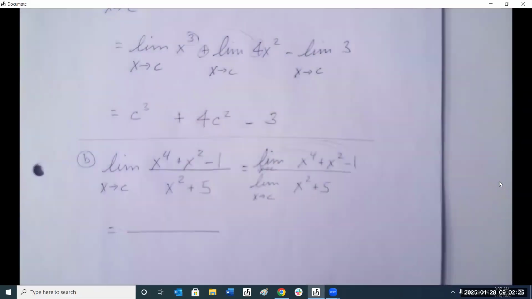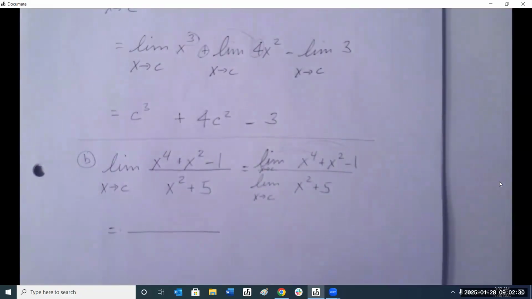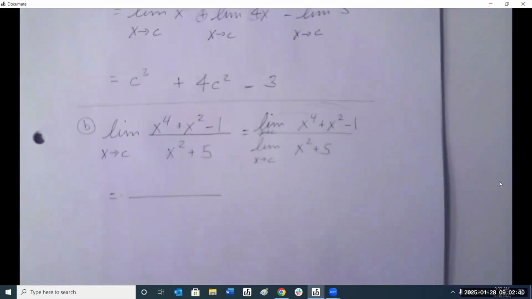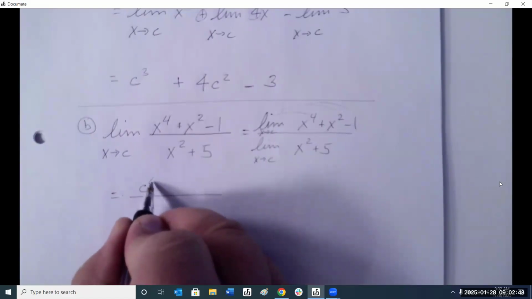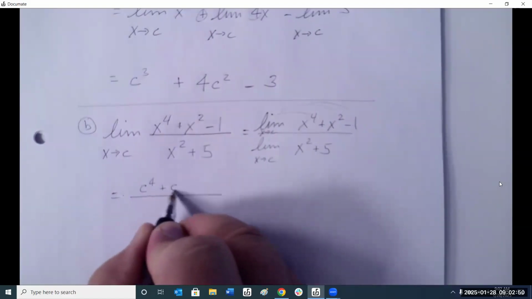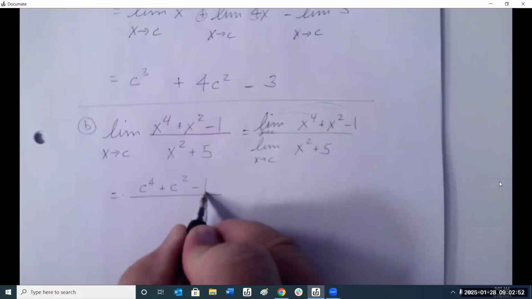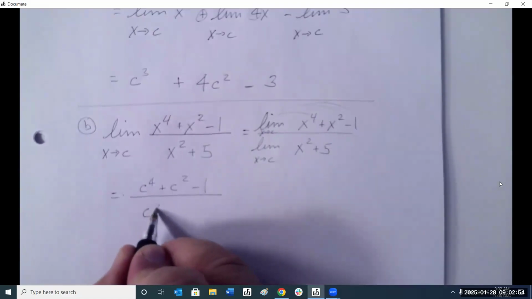So what is it? Let's just jump straight to the final answer. What's the final answer going to be? Any guesses? C to the 4th plus C squared minus 1, over C squared plus 5.